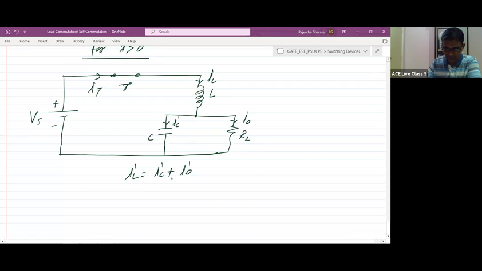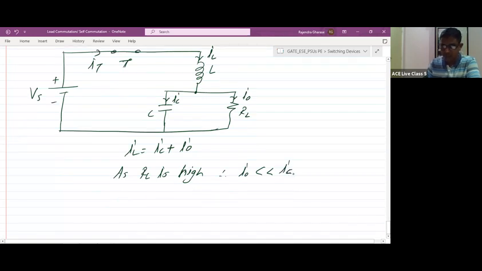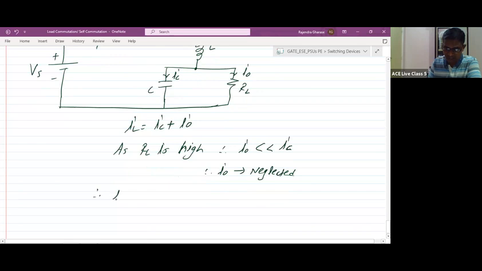But as RL is high, therefore I0 will be very, very less than IC. So now we are going to neglect I0. In the previous case, we neglected V0. Now we are going to neglect I0. So if I0 is neglected, can we say that IL is nearly equal to IC?